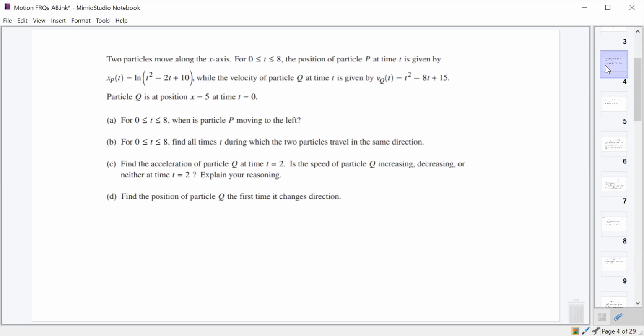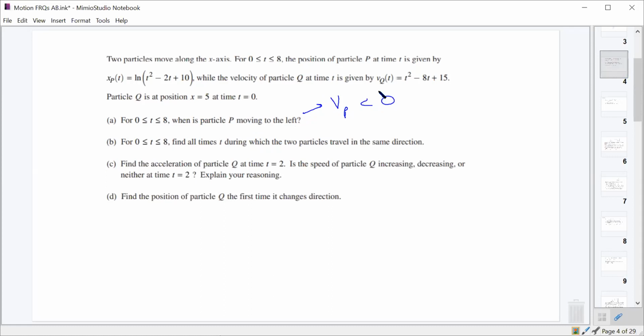Okay, so the first thing we're trying to find is for the time interval from 0 to 8, we want to know when is particle P moving to the left. Well, particle P will move to the left if the velocity of P is less than 0.